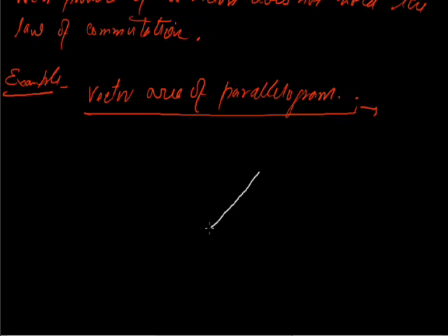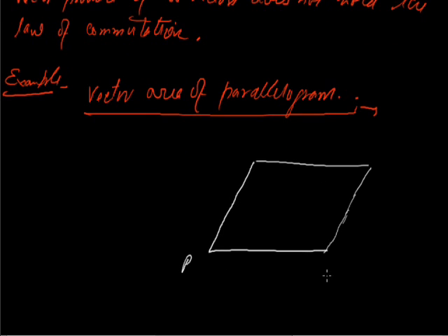This one is a parallelogram. These points are P, Q, R, and S. The length is denoted by vector L and this side is denoted by vector B. This angle is theta. Draw a perpendicular from S on PQ. This angle is 90 degrees. Suppose this point is M.